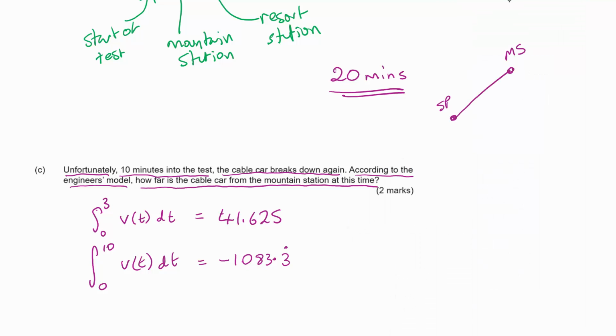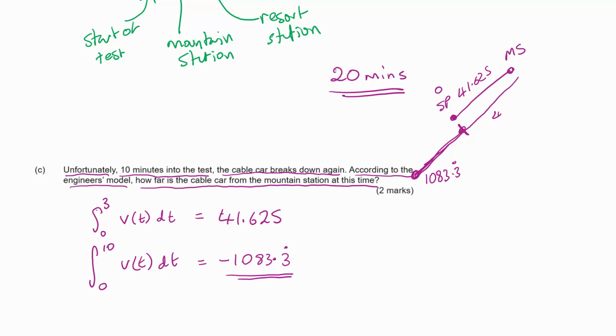So we're saying that it went 41.625 up here, and then it's traveled downwards, and this will be its position relative to the start position, which would be 0. So this is 1083.3 recurring from here down to where it stopped.